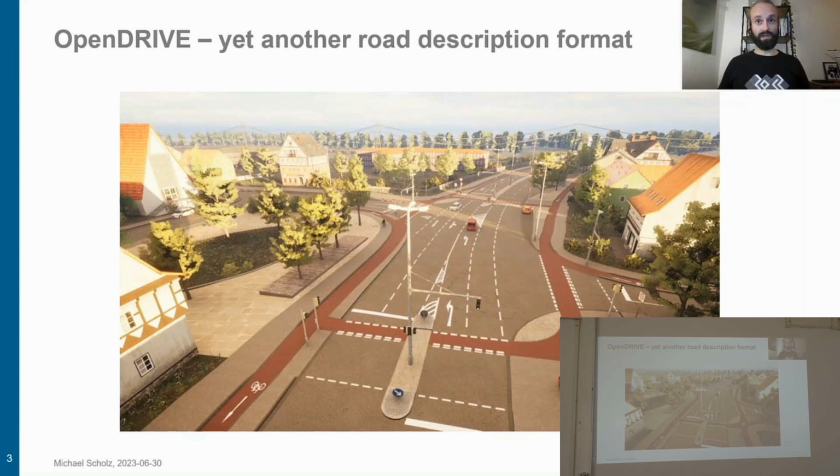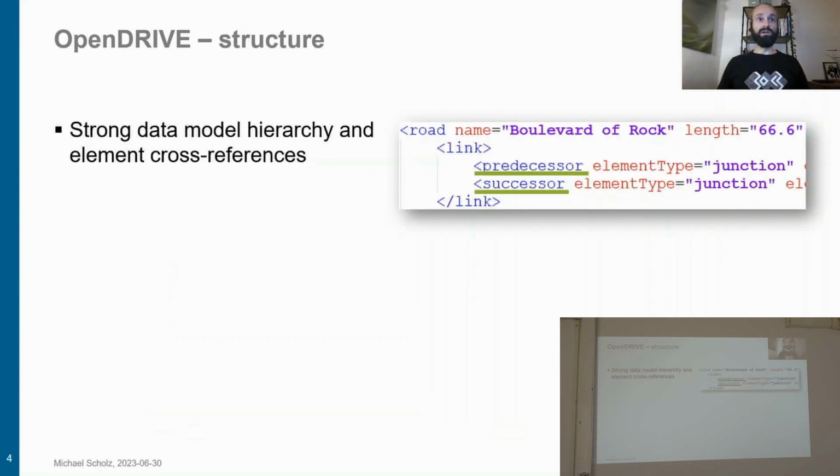road network, which has to capture all information about the lanes, the road markings, infrastructure elements, traffic signals and signs, and so on. The data itself is hierarchically structured, where the road is the main element. So a road can also have links to predecessors and successors.